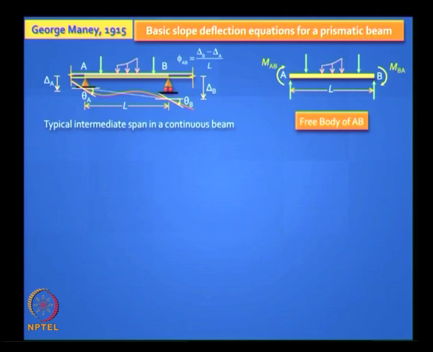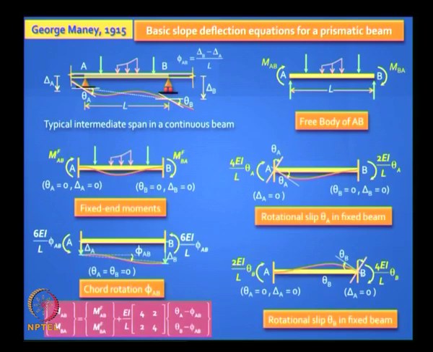So typically we look at any intermediate beam in a continuous beam system, and we are trying to write down slope deflection equations, which is we are trying to write the end moment equations MAB and MBA, assumed clockwise positive here, in terms of slopes and deflections.